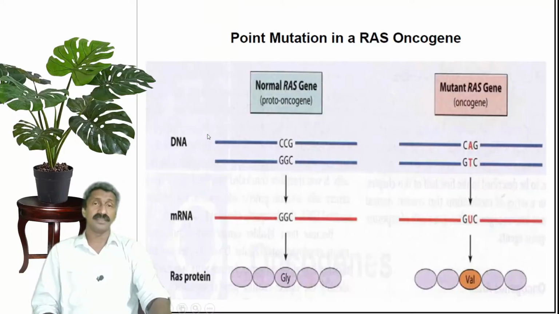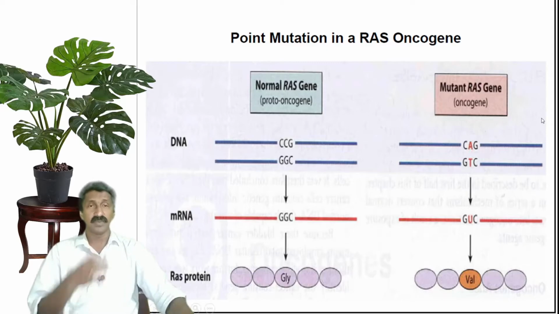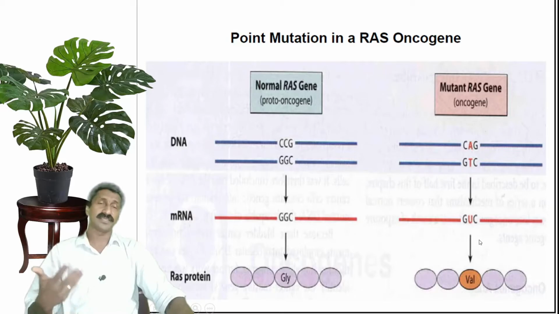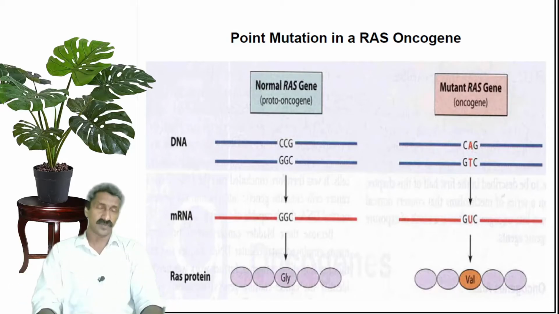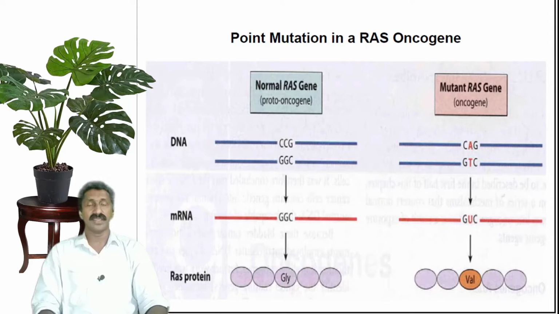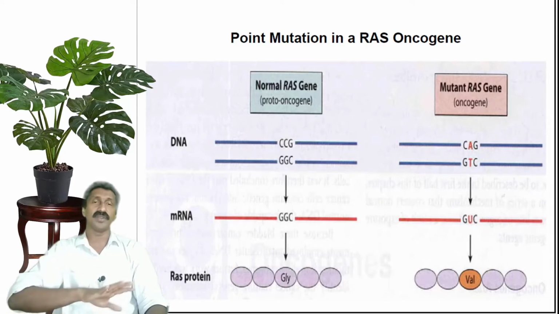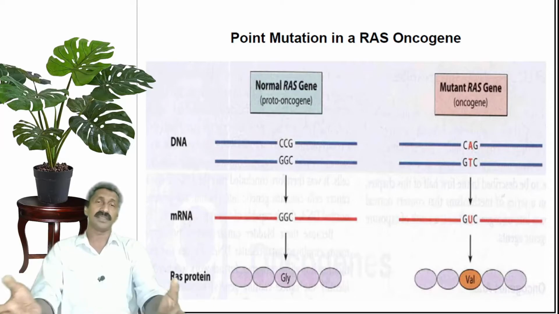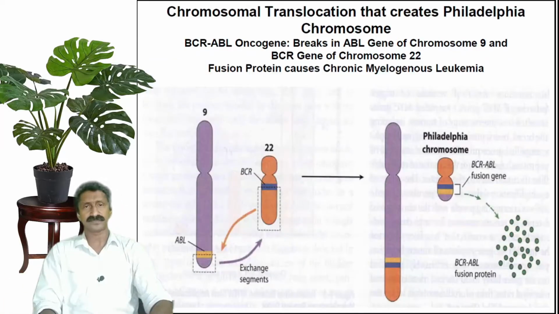But where a mutant RAS gene is there, it creates a constitutively active RAS protein which doesn't require the external stimulus and subsequent phosphorylation. So the mutant RAS gene is constitutively active, continuously passing its message to the effector molecules, so that the different kinases will always be expressed and the gene will be in a continuously active state.